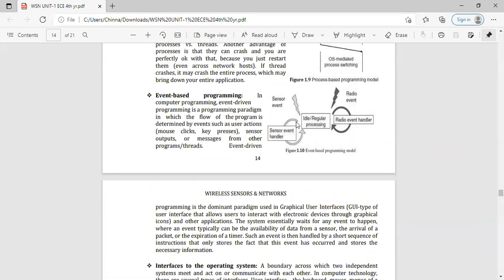Totally different operations take place in the idle position. At a time, sensor event handling takes place, it takes sensor events and considers radio events. Like that, they essentially wait for the event that will happen, and the event is technically the availability of data from the sensor. One by one, operations take place here.